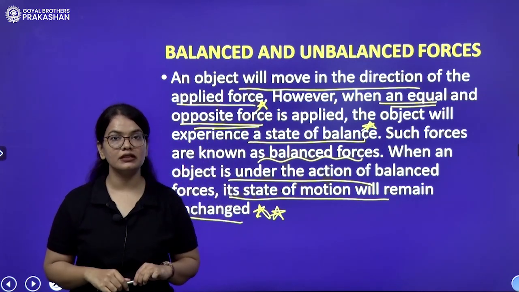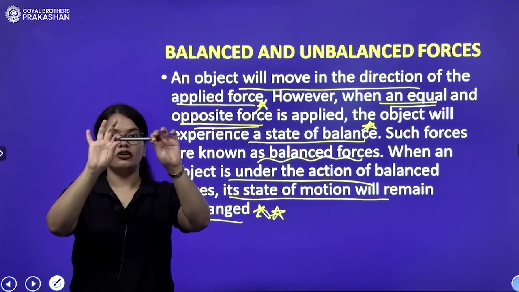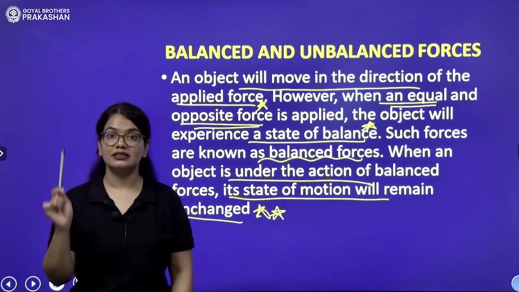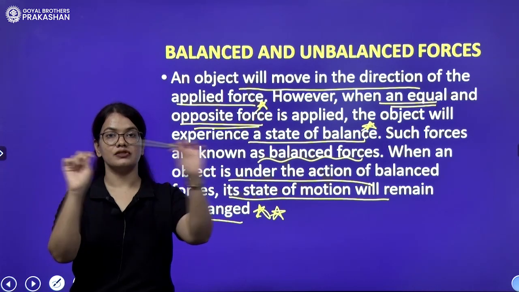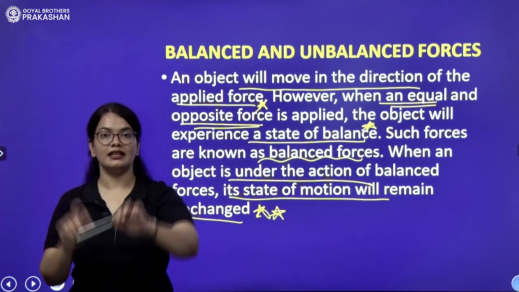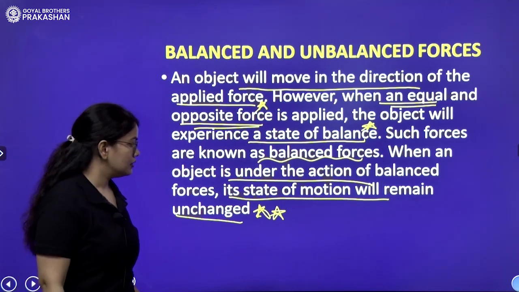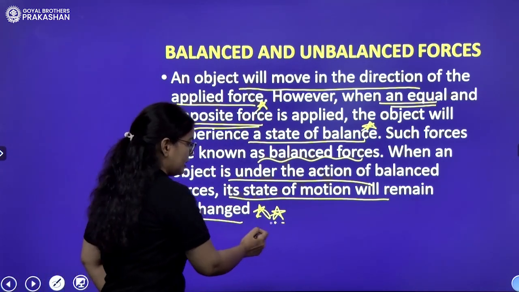This has started moving, but when both the hands apply equal force, the state is the same. So that means in this case it is a balanced force. In the case in which it was moving like this, it is an example of unbalanced force. Okay. So, keep this point in mind.